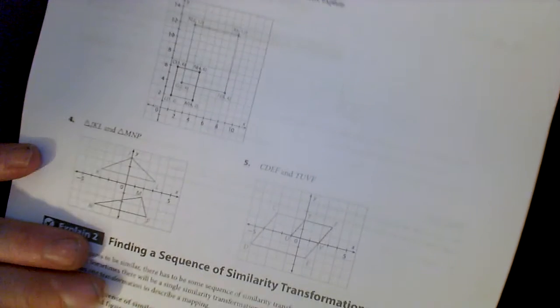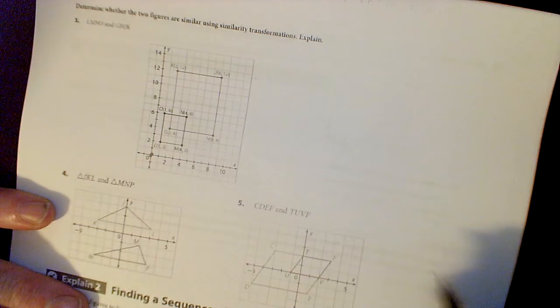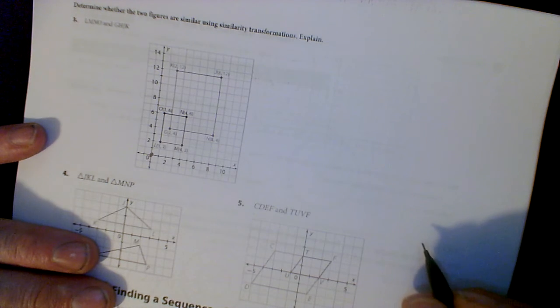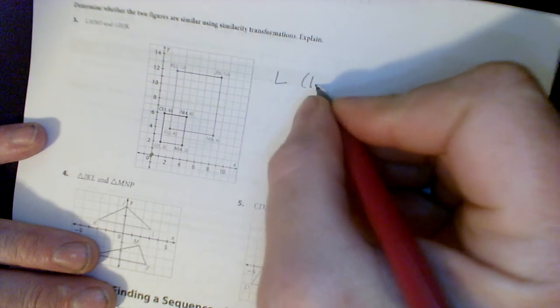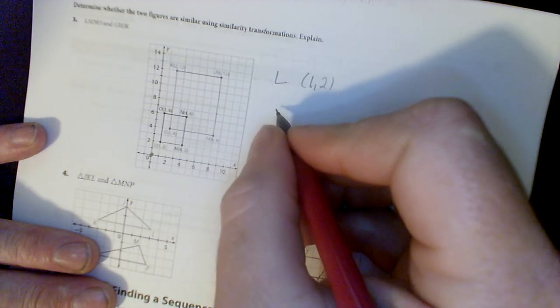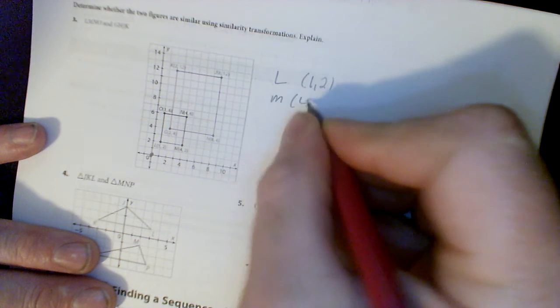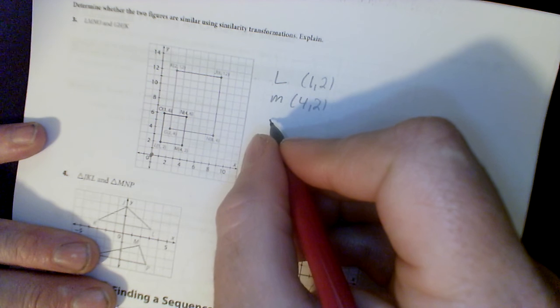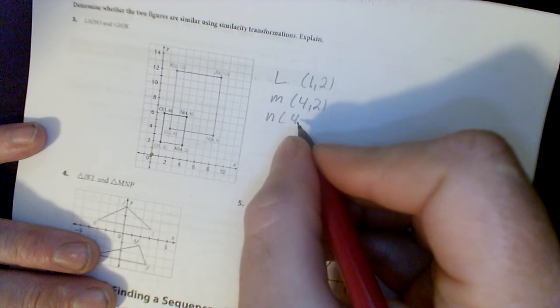Alright, so let us look at this next figure. And this one is probably dilated from the origin, so we'll use the origin right here. L is 1, 2. Let's go in order. M is 4, 2. N is 4, 6.